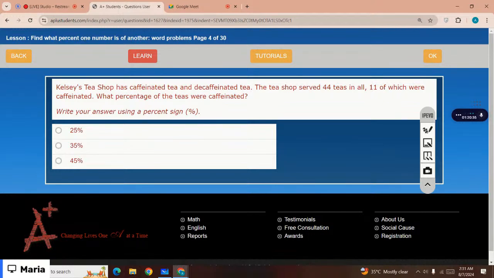What percentage of the teas were caffeinated? Very good, 25% it is. Option number one is the correct option.